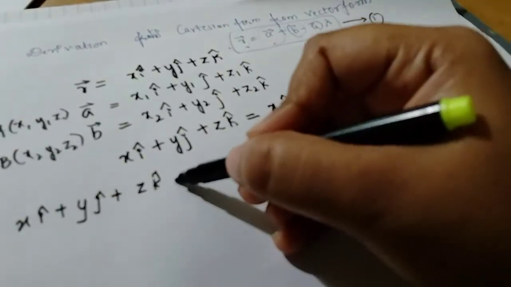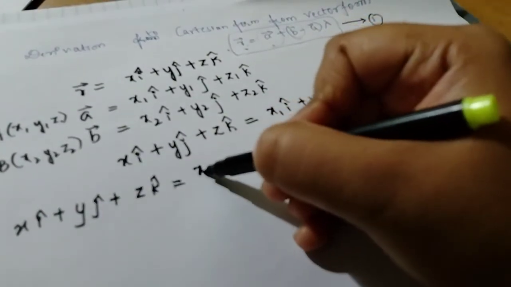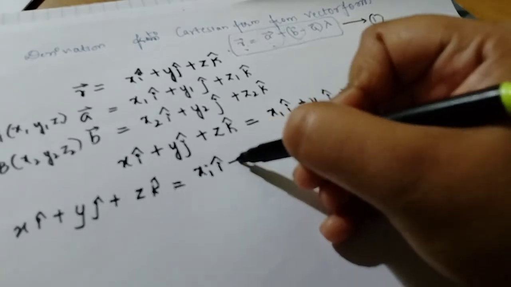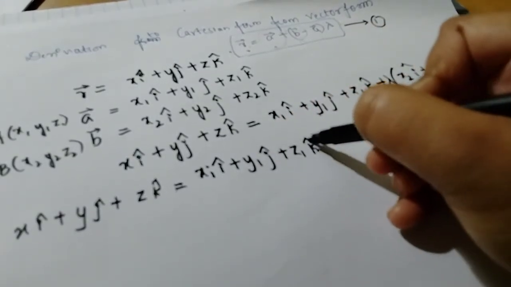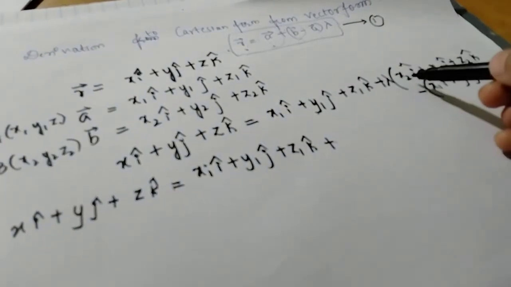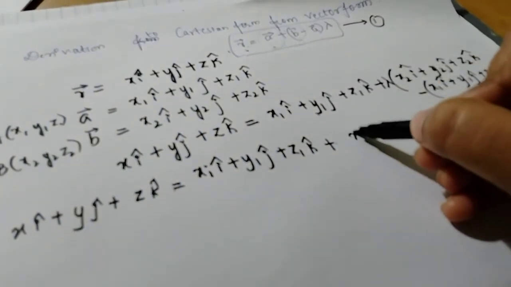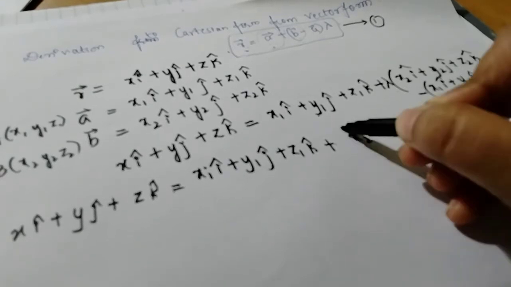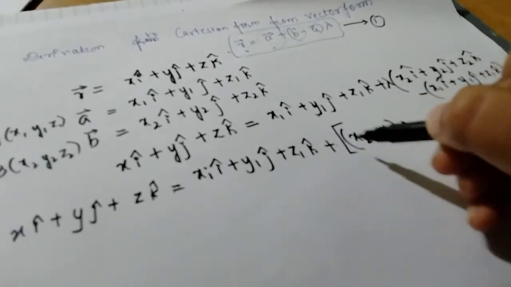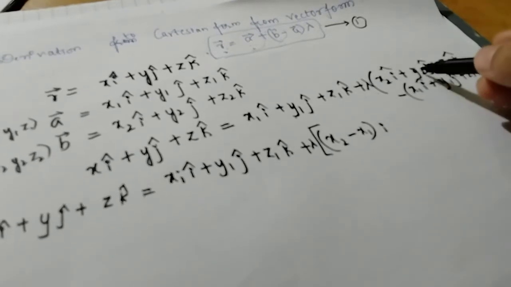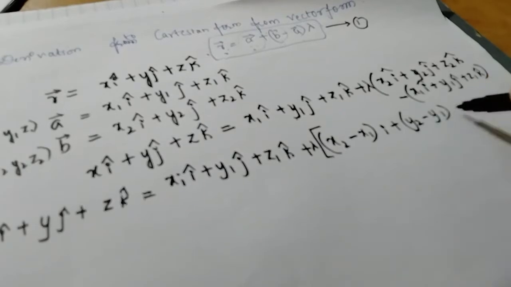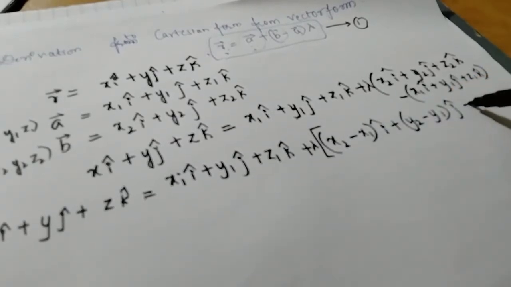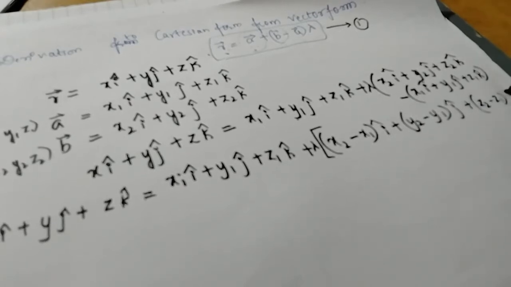So this is equal to x1i plus y1j plus z1k plus lambda times x2 minus x1 into i, lambda is outside the bracket, y2 minus y1 into j, plus z2 minus z1 into k.